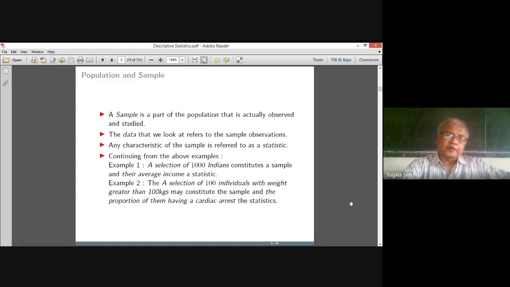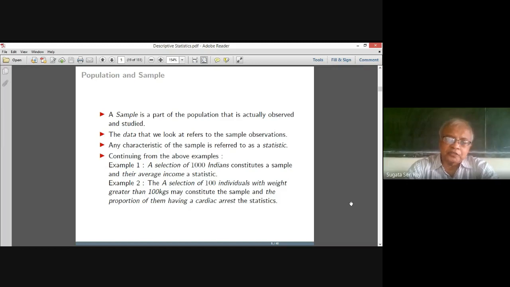So 1.3 billion is my population, 1000 is my sample selected from the population, and then we collect data from these 1000 individuals and take the average of these 1000 incomes.